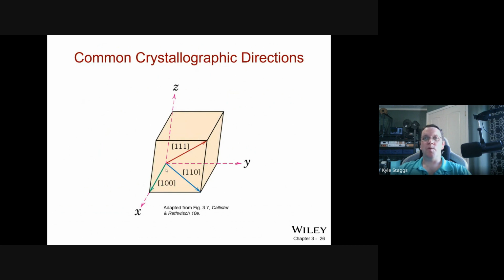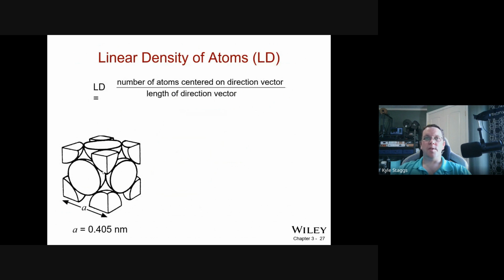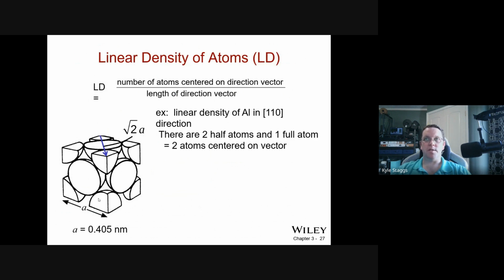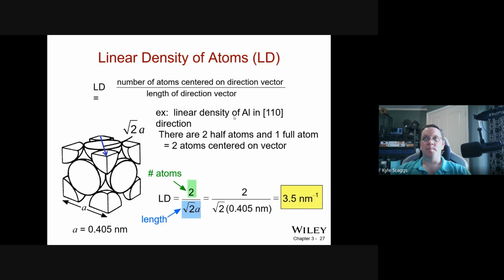So when things are skewed for these crystallographic directions and they give us a value for A, we know what the unit cells are.